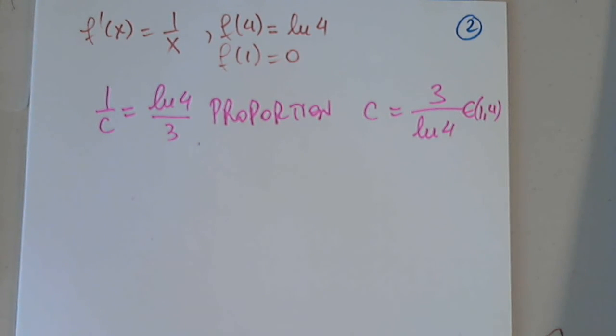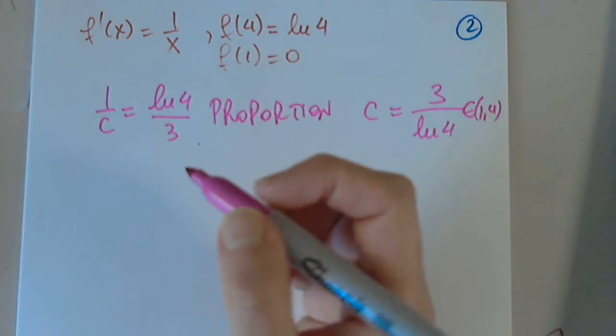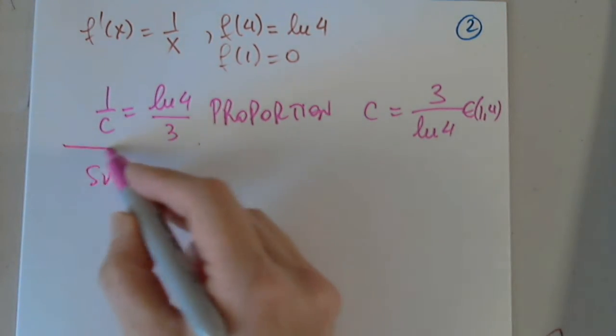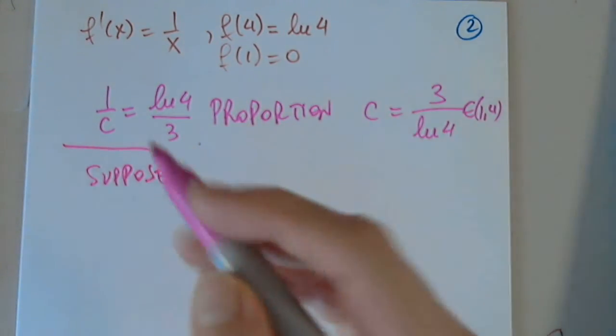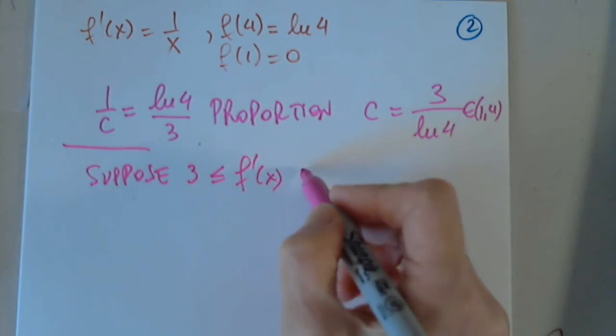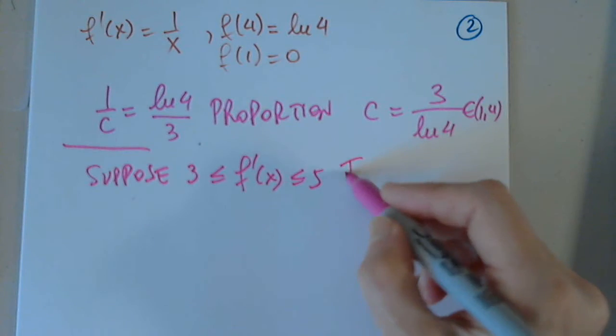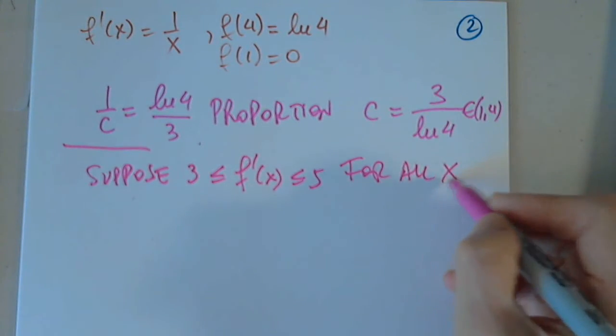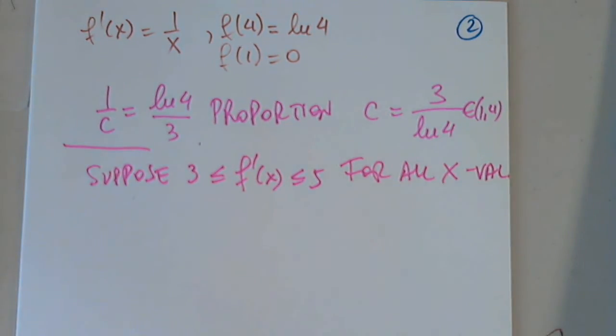And here's another application in which, as I mentioned a minute ago, we don't even have the function. Suppose we are given 3 less than or equal to f prime of x less than or equal to 5 for all x values. Fine.